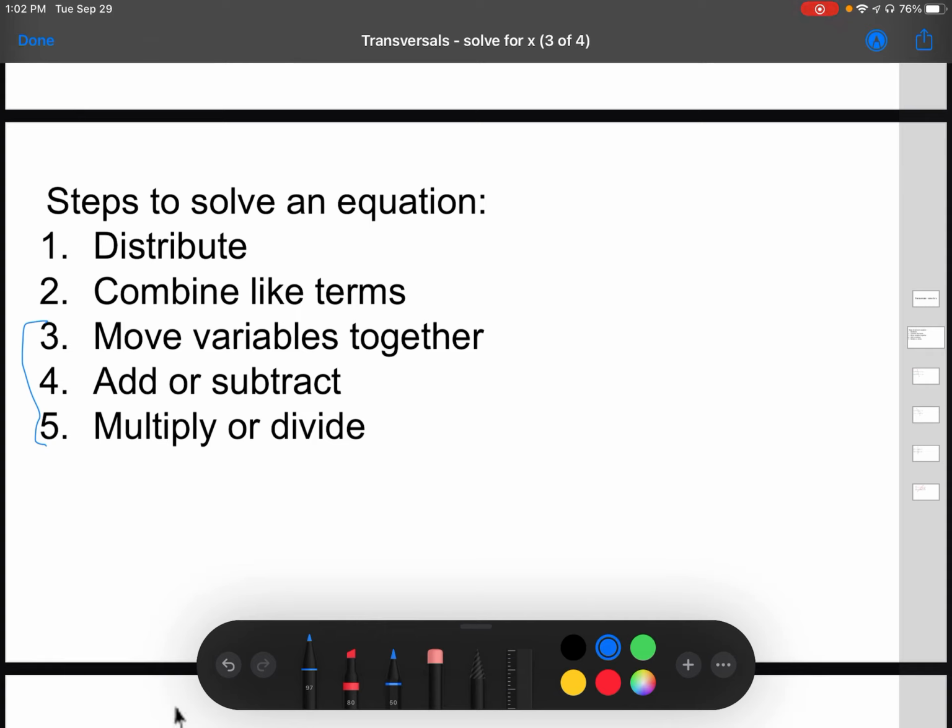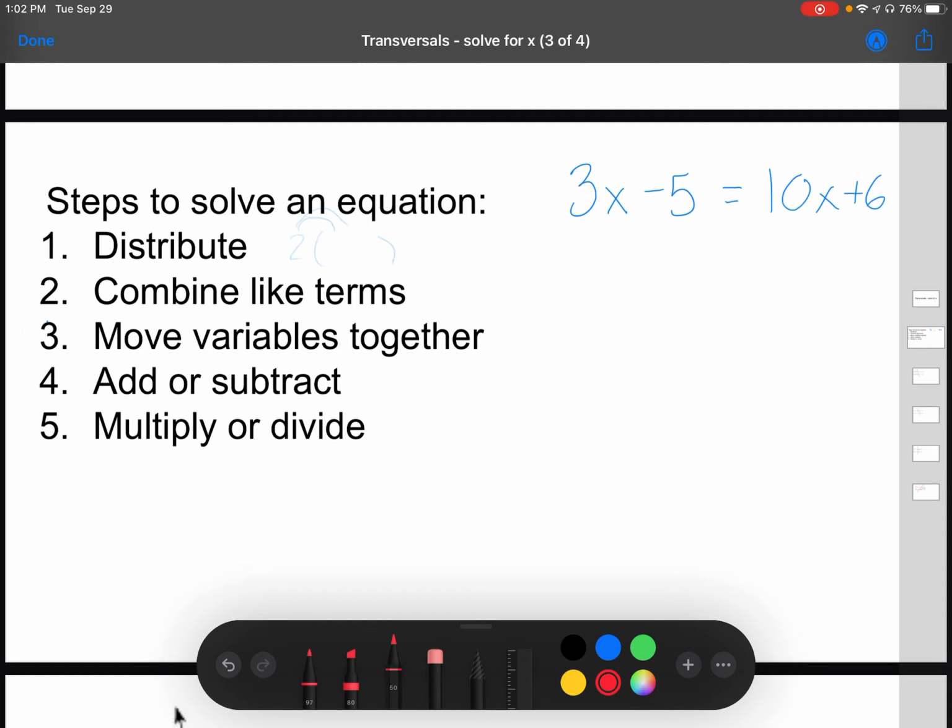So real quick, I will give you a little review here. So let's say we have this equation, right? So if we look at step one is to distribute. You only distribute if you have something like this, 2 times something, right? That's when you distribute. So we don't have that, so we're going to skip that.